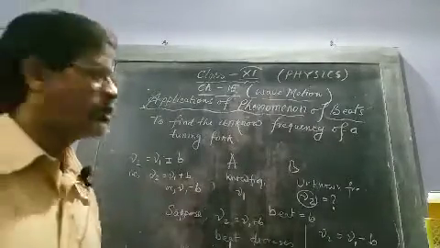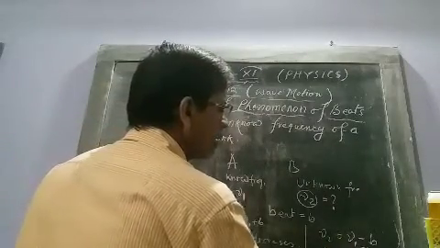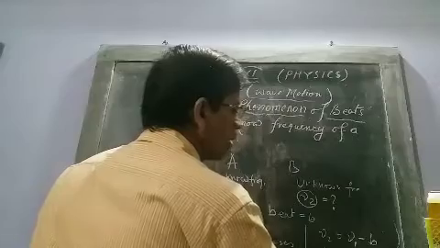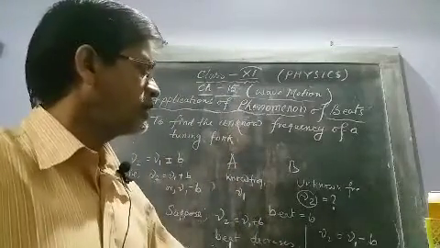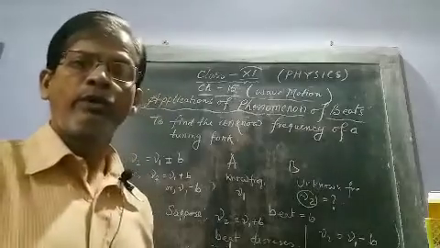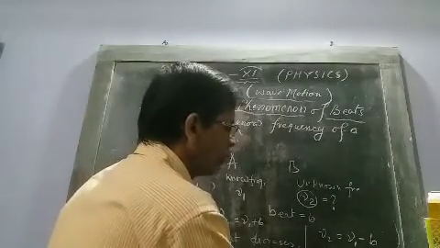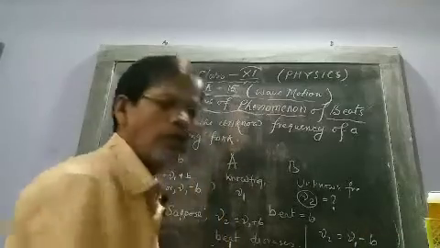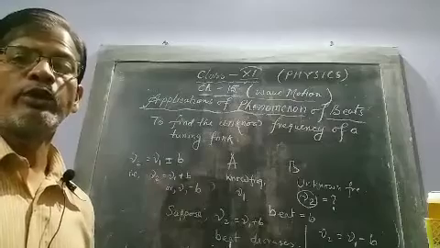Beat frequency increases. So if on loading the beat frequency increases, then the frequency of the unknown tuning fork will be nu2 equal to nu1 minus b. So this is how, on loading, you find the frequency of the unknown tuning fork.